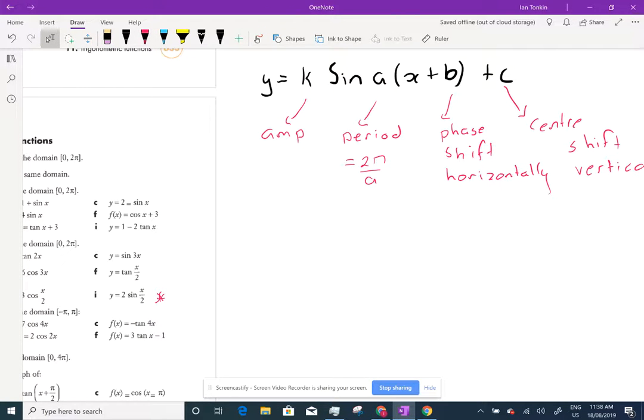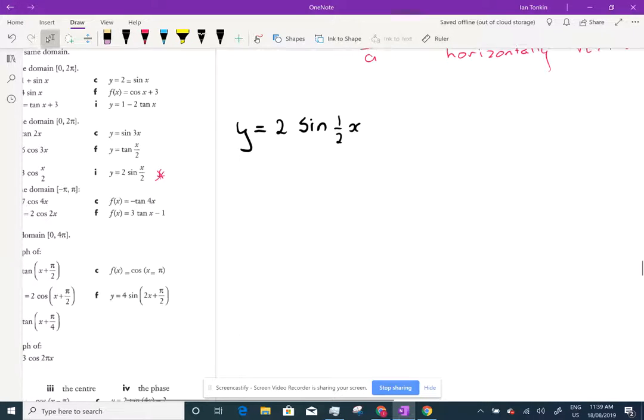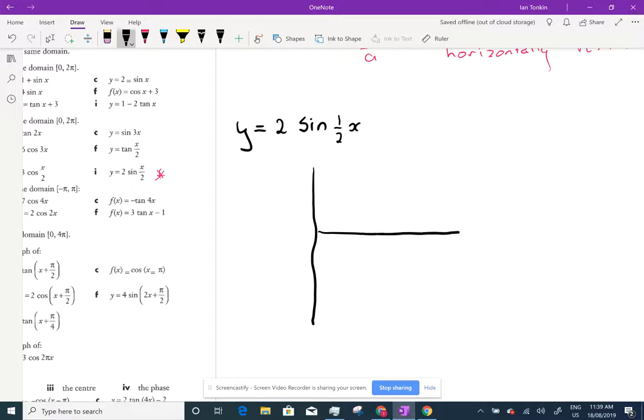So let's start with this one. y equals 2 sine of a half x. Oh, so you can take the half out? Yeah, x over 2 is the same as a half x. So what is this? Well, it's 2 sine x, and there's a graph of sine x, but we only get half a graph.